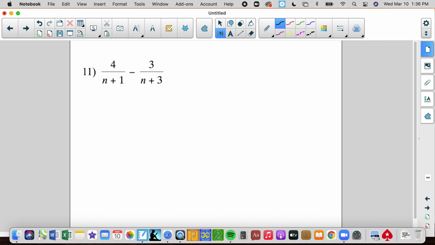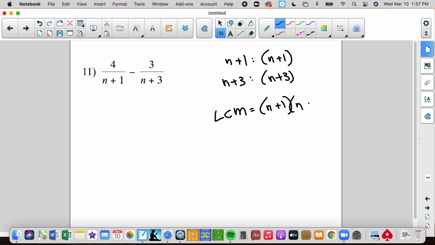Number 11. All right. So the prime factorization of n plus 1 is n plus 1. The prime factorization of n plus 3 is n plus 3. They don't have anything in common. So my LCM, those are both considered leftovers: n plus 1, n plus 3.